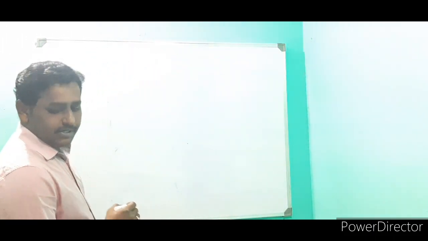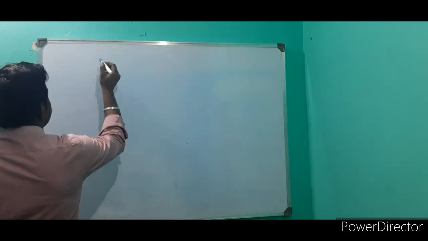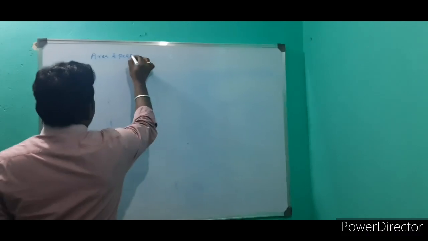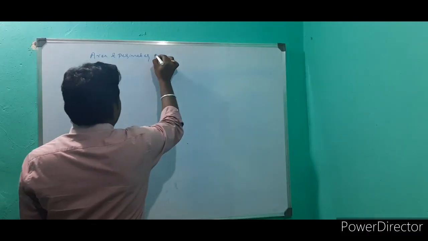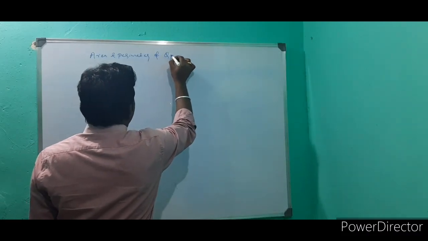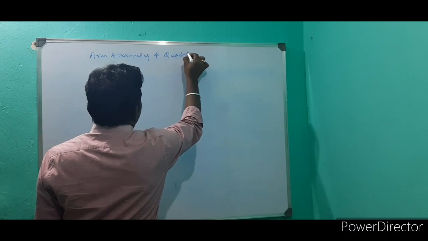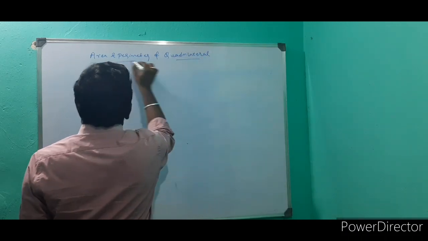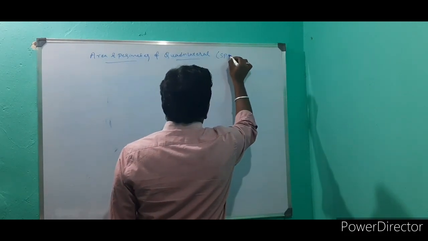In that, the first question is to find the area and perimeter of quadrilateral, special types also.